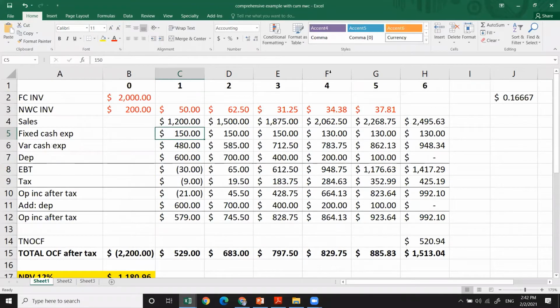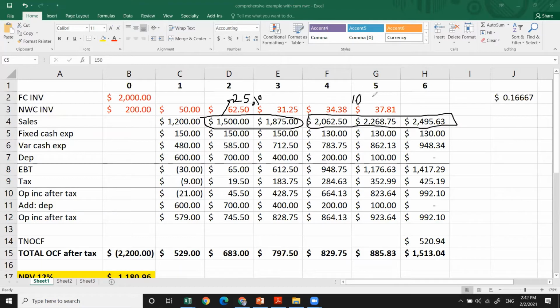So they say that sales will grow for these 2 years by 25% yearly, and for the last 3 years, they will grow by 10%. This is how I get my sales.